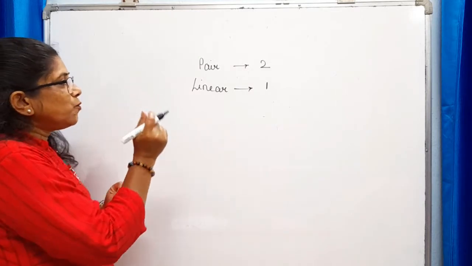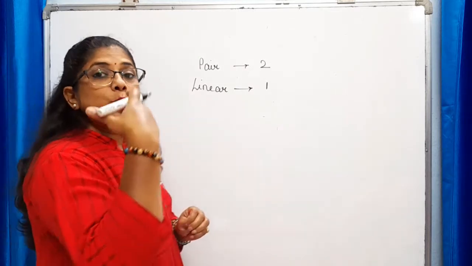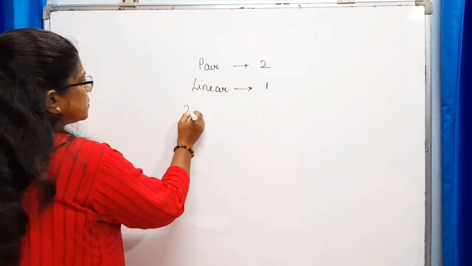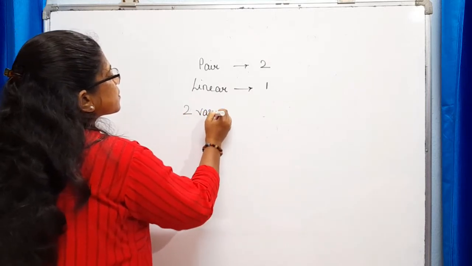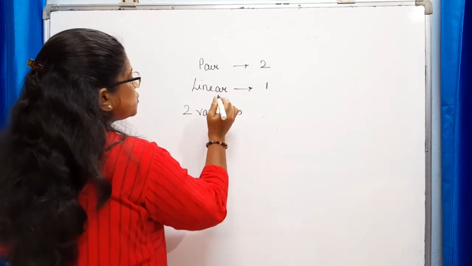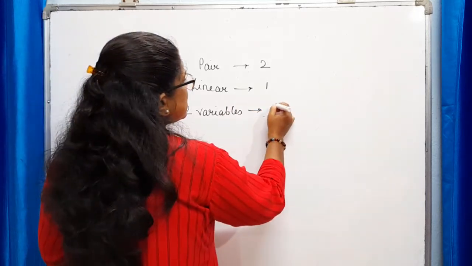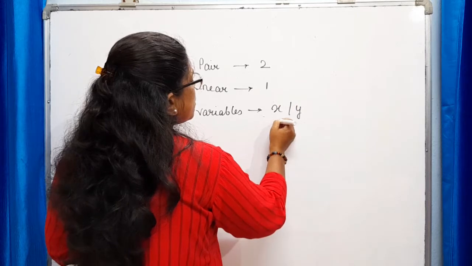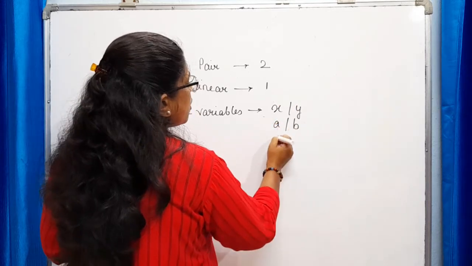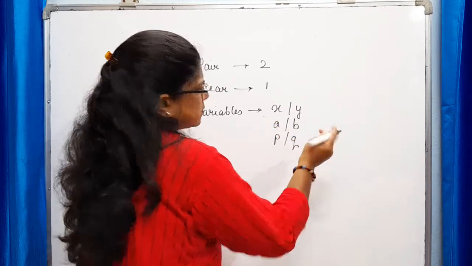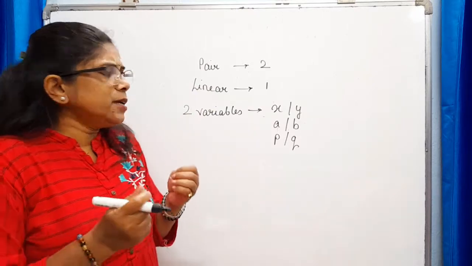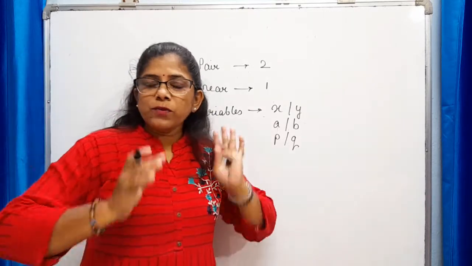Then pair of linear equations in two variables. So we are going to have two variables in these equations, either x and y, or a and b, or p and q. There can be any two variables in this pair of equations.